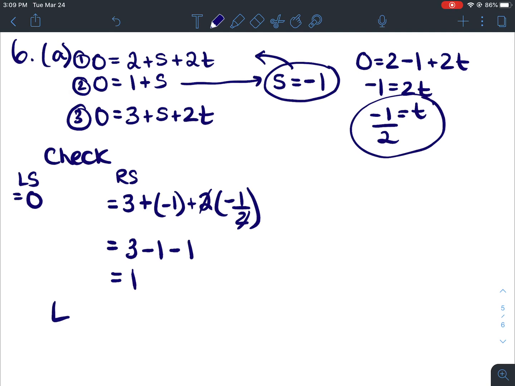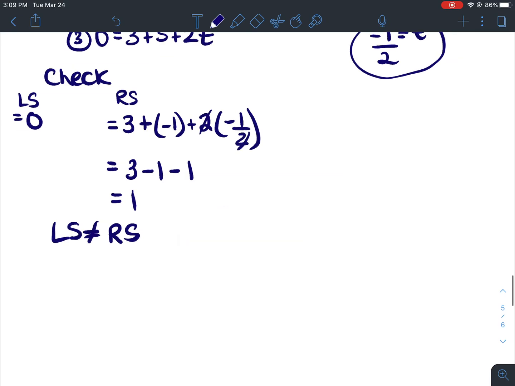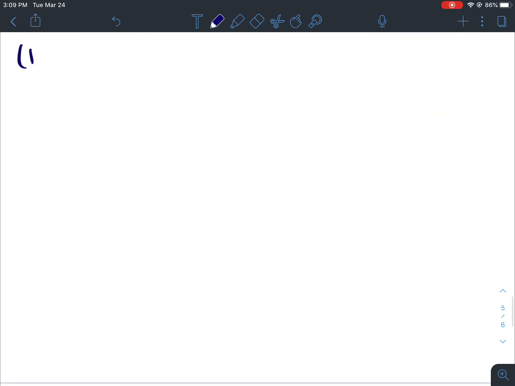Either way, the left side does not equal the right side. So done. Verified that the plane does not go through the origin.